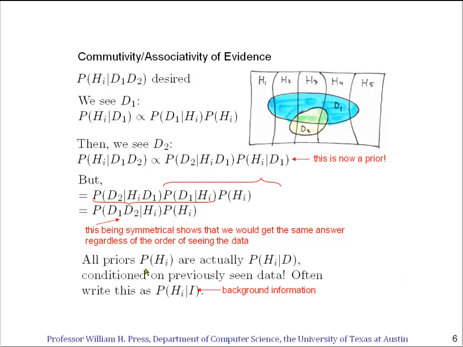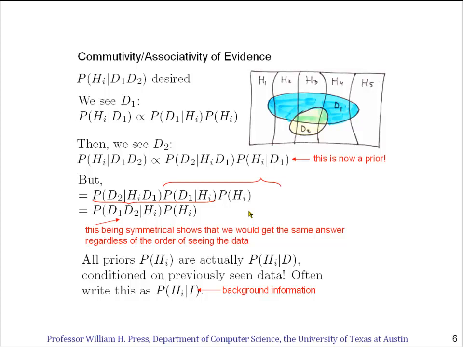So to a Bayesian, all priors P of H sub I are actually priors P of H sub I given some data. That data might be the data that you're explicitly given in the problem, or that data might simply be background information that you know about the hypotheses. In other words, it's not really useful to think about a completely bare prior that depends on nothing.